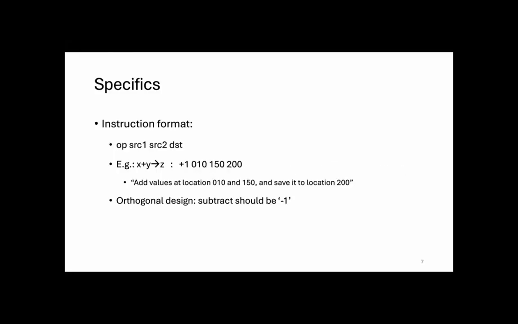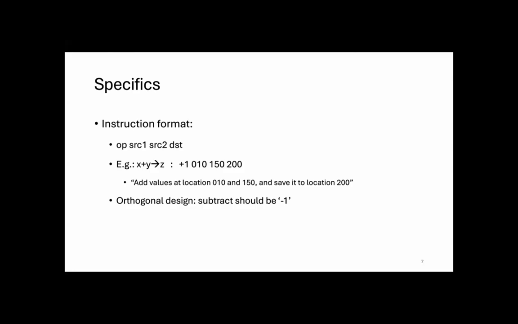Now, when we want to have an instruction, we want to specify the instruction format. So we can have this format like the operation, then source 1, source 2 for the operation, and then the destination. So for example, if we want to add two numbers, x plus y, and then have the result stored in the destination z. Basically +1, the sign and the 1, are going to represent the operation itself. So this is the operation number.